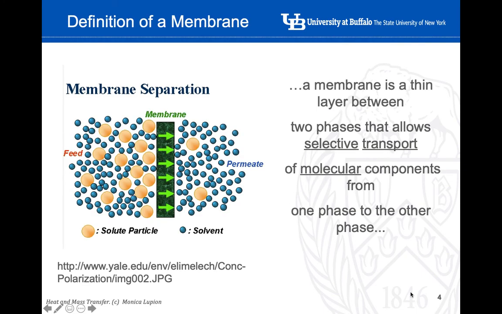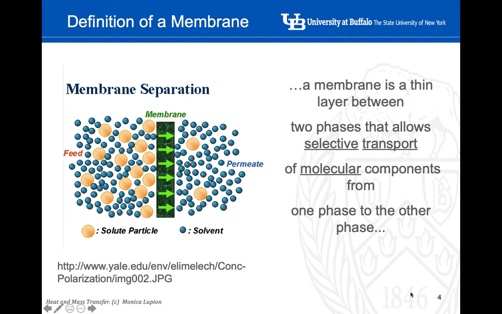So what's a membrane? Well, a membrane is a very thin layer, a physical barrier, and it separates two phases. One is the feed, and on the other side of the membrane is the permeate. The membrane allows the selective transport of an element or a molecule from one side to the other side of the membrane. That's why this is a separation system.